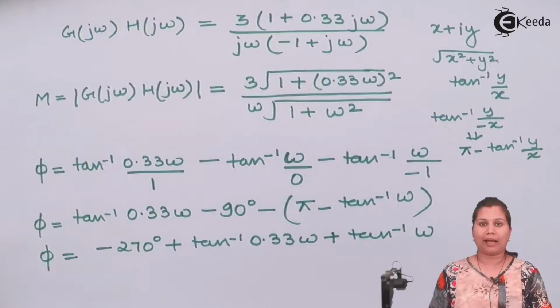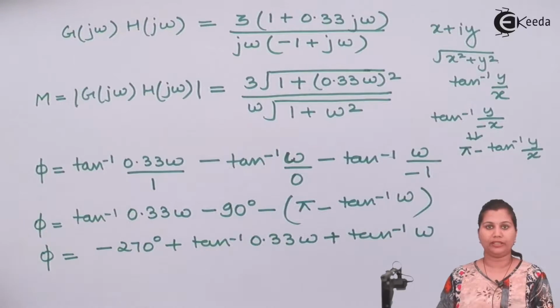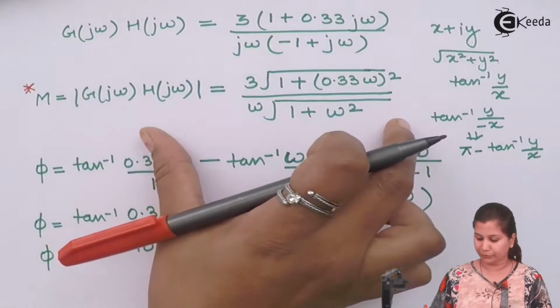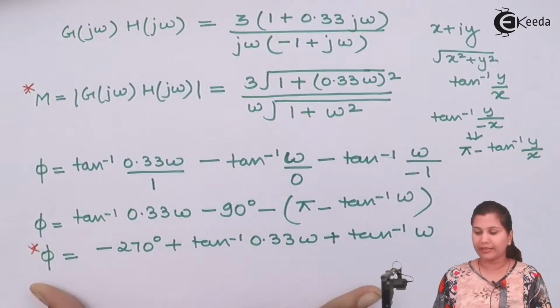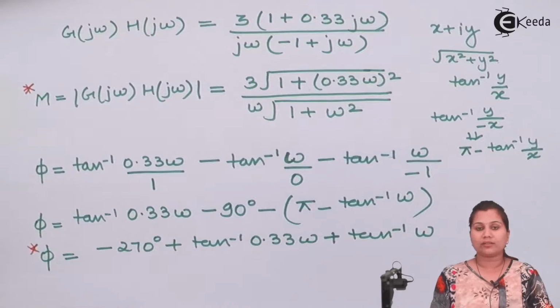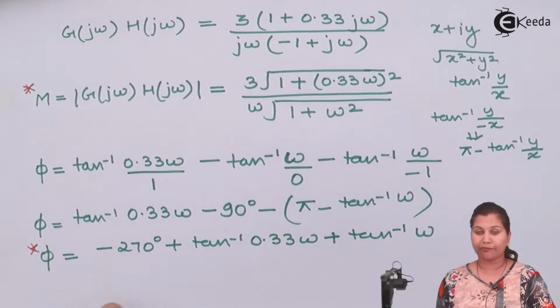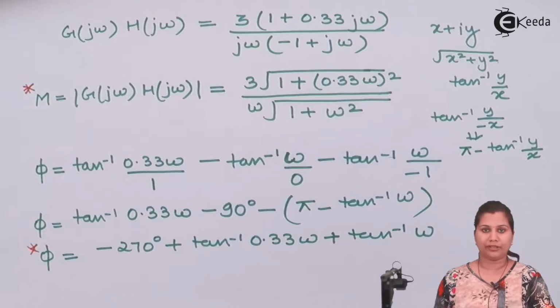So we have got the magnitude and the phase angle of the transfer function. This is the expression for magnitude and this is the expression for the phase angle. Now Nyquist plot, it is the plot of the magnitude and the phase angle with respect to frequency.